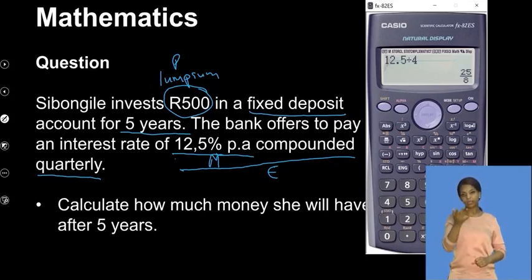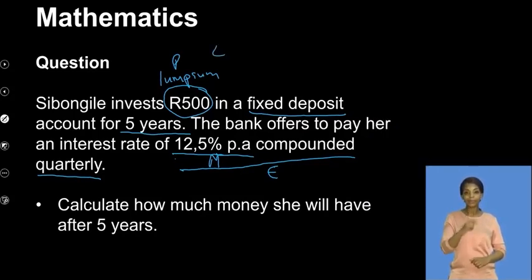So that is what they will get every quarter. They will be getting a percentage of 4 point something percent at the end of every 3 months for the duration of the investment, which will be the 5 years. Because at the end, when I add it, it must actually give me the 12.5%.